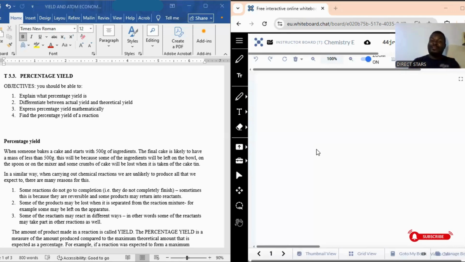Just like the example we started with, the baker will be expecting 500 grams of cake. That is the theoretical yield. But eventually, after weighing the cake, they discovered that the cake just weighed probably 490 grams or 485 grams. That is the actual yield.